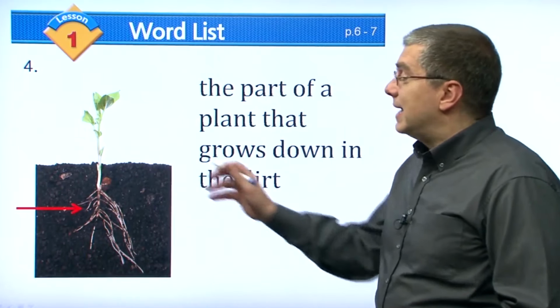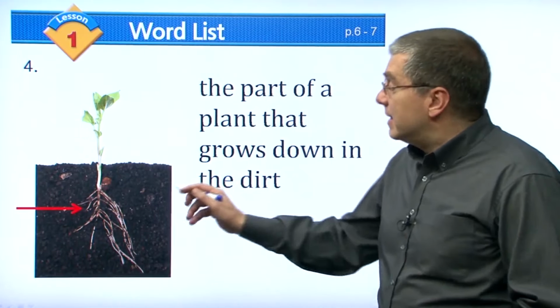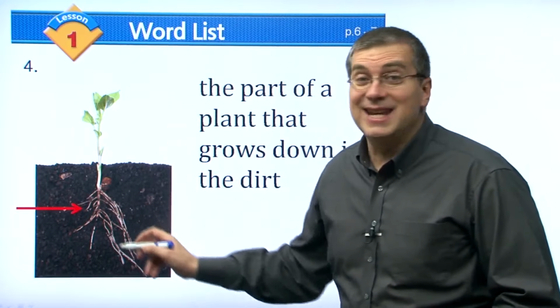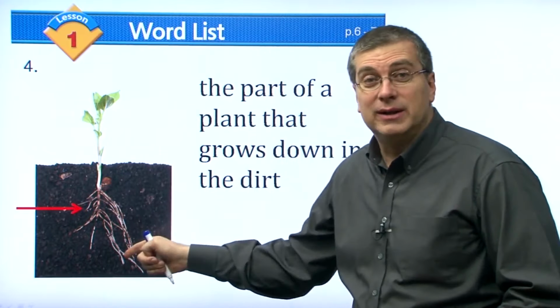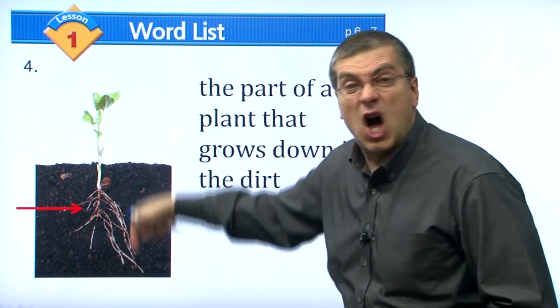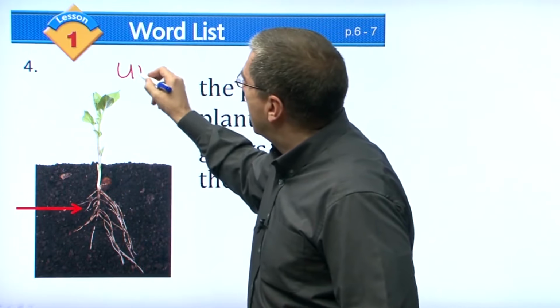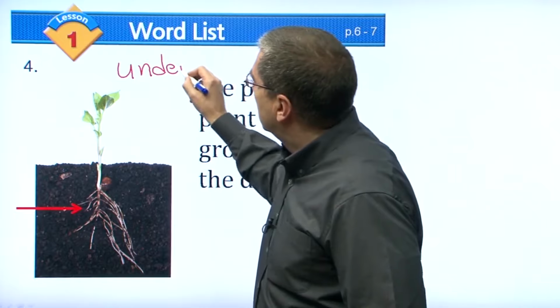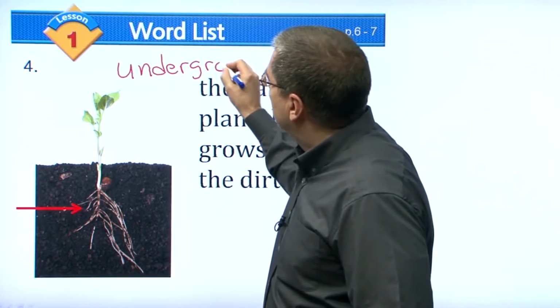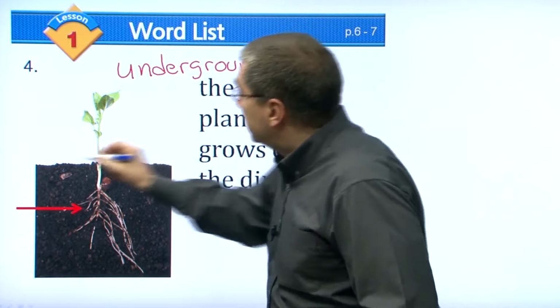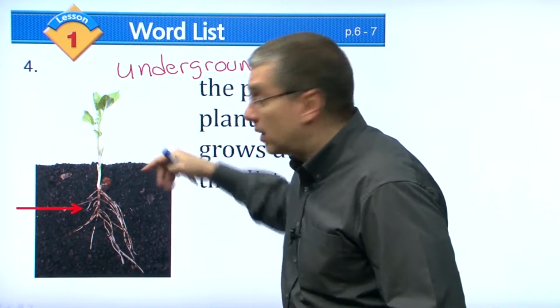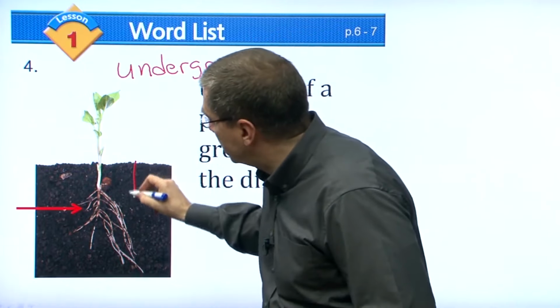Okay, now we're on the next part of the plant. And this part, we can't see it, right? We can't see that part of the plant because it's underground. Let me write that for you. Underground. This is the ground. It's under the ground.